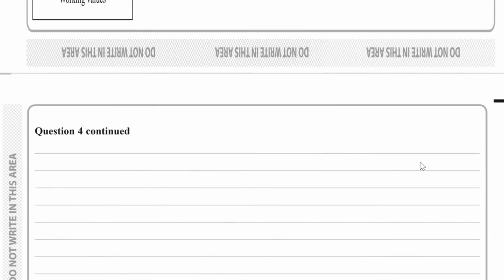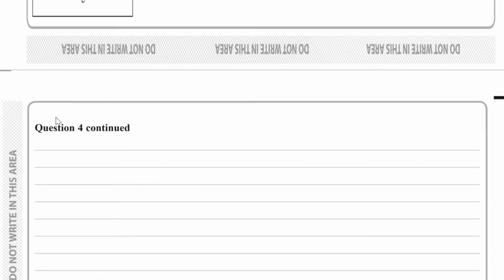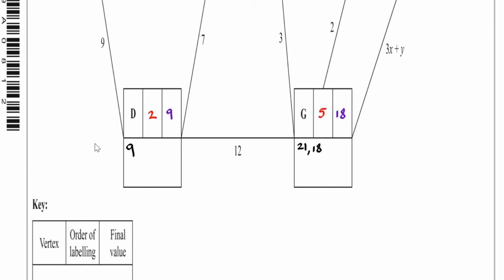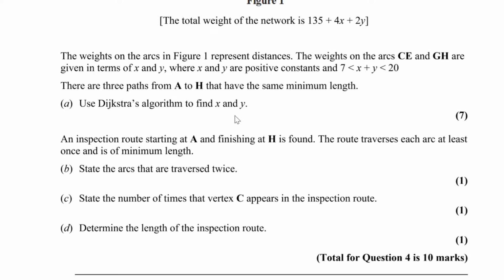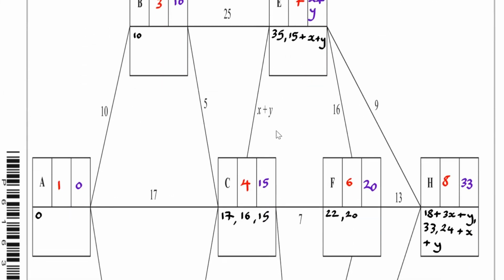Okay, let's write that down. The shortest distance from A to H is 33. Okay, and now we can use that to find x and y.